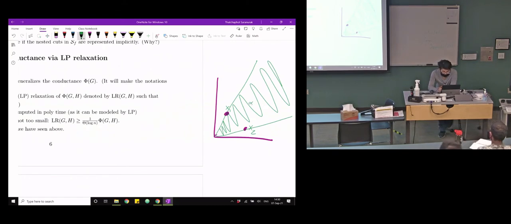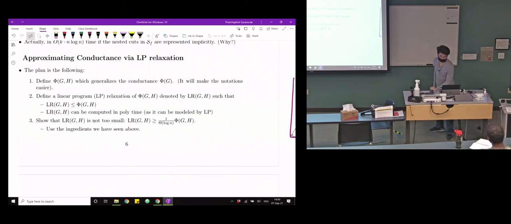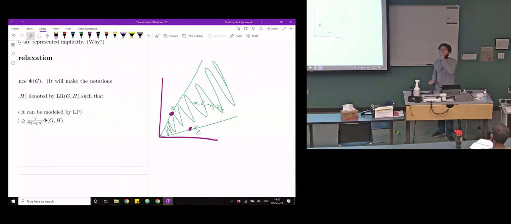This is like some alpha x1 plus alpha x2. Pyramid maybe.